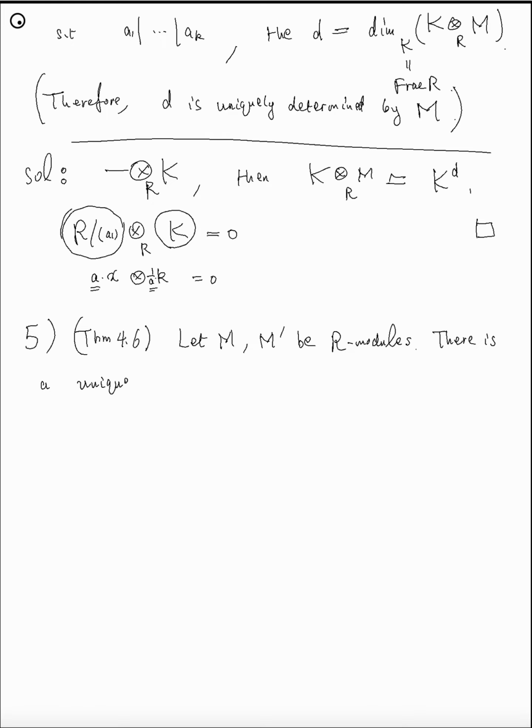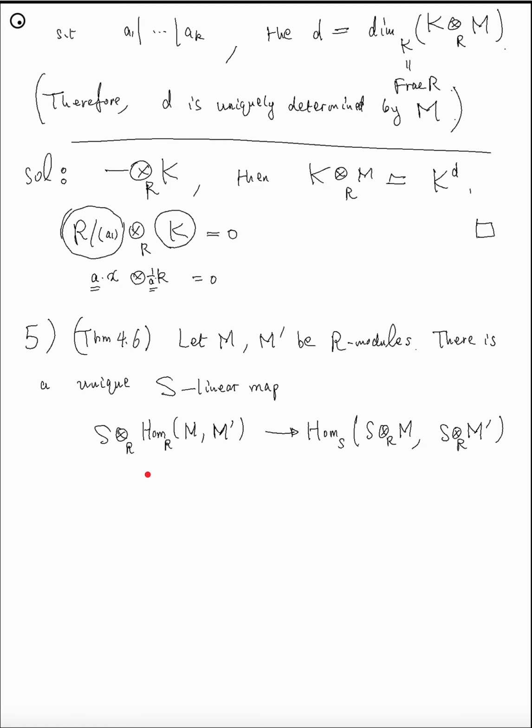Then there is a unique S linear map, S tensor over R with R linear maps from M to M prime, mapping to S linear maps, sending small s tensor phi to s acting on phi_S. So phi_S is defined over here, and it maps into here.